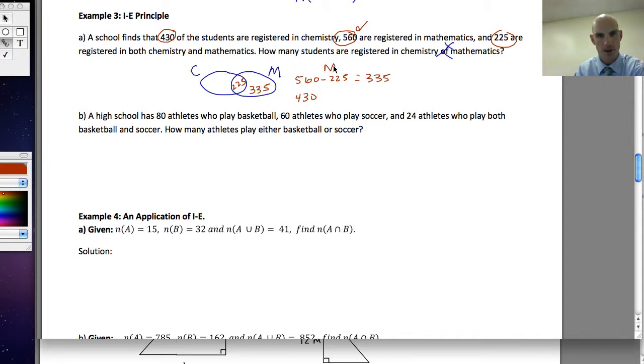So this is just mathematics, this is chemistry, 430 minus 225, because those are the ones that are registered in both. And that's going to give us 205. Did both calculations at once.